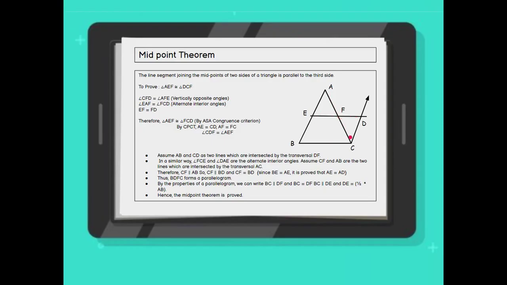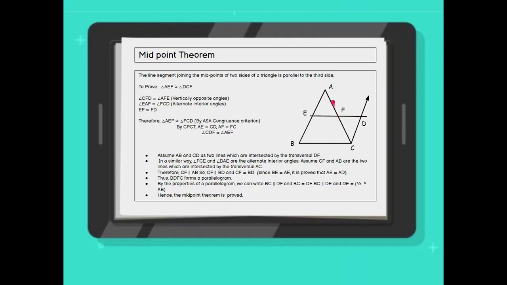So while doing the congruency, EF is equal to FD, AF is equal to FC, as it is given that F is the midpoint of AC, and angle AFE is equal to angle CFD, because they are vertically opposite angles. So therefore, by SAS, side, angle, side, these two triangles are congruent, right?